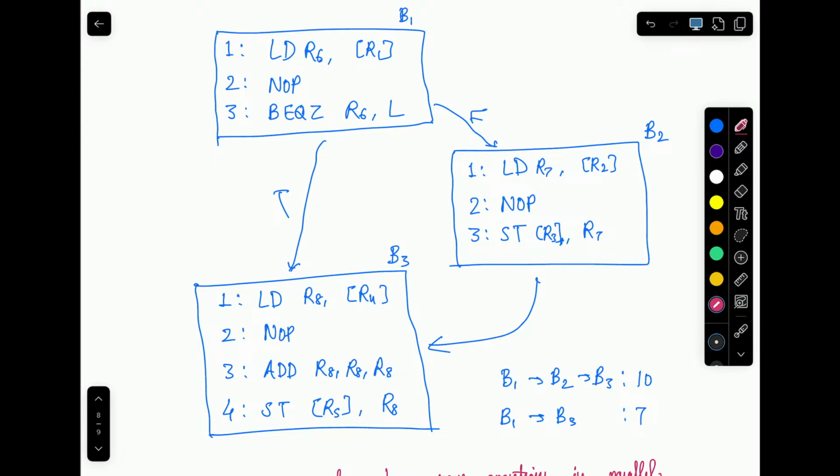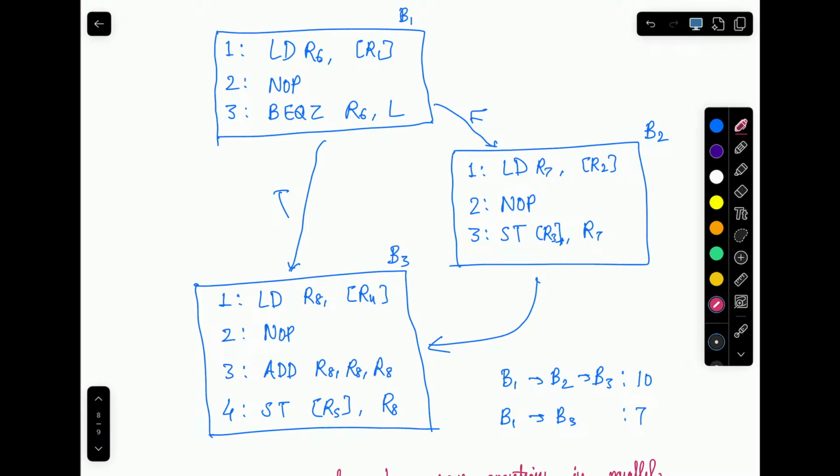So let's schedule both of them. Then let's say we check the branch because somebody is depending on it. Cycle 3. Then what do you want to do next? Third of B3, let's say, cycle 4. Then first of B2, cycle 5.